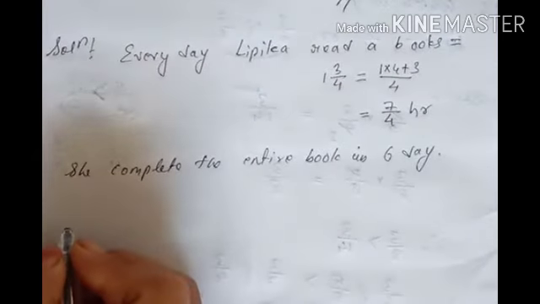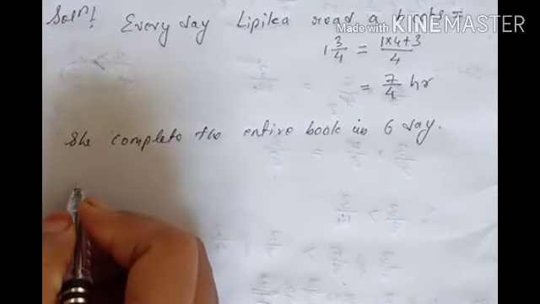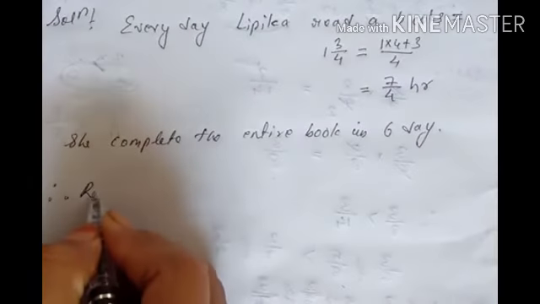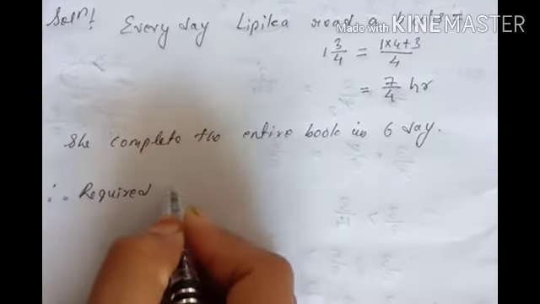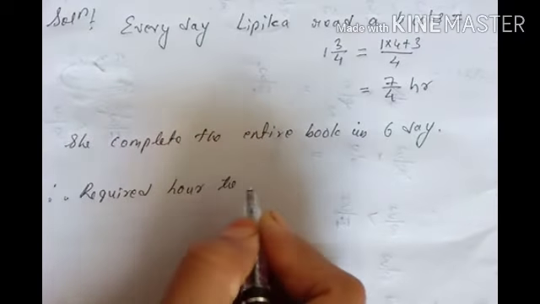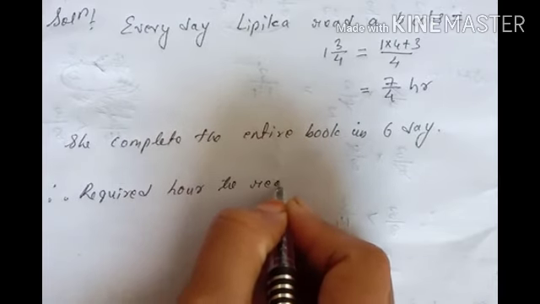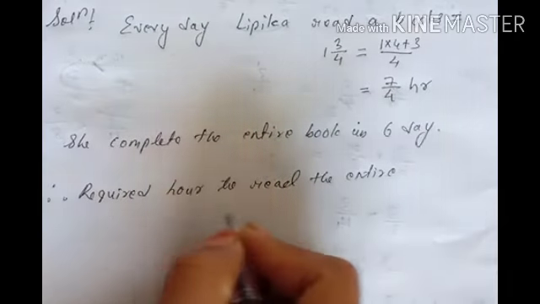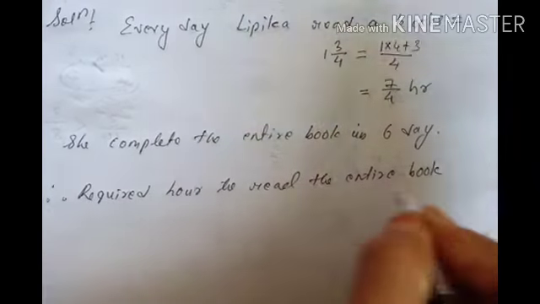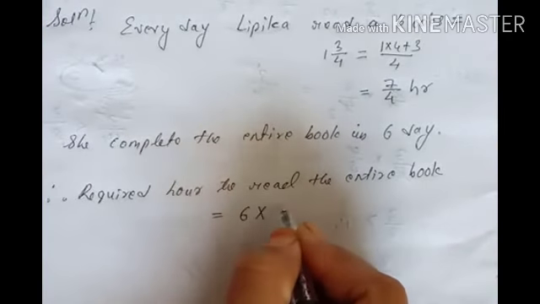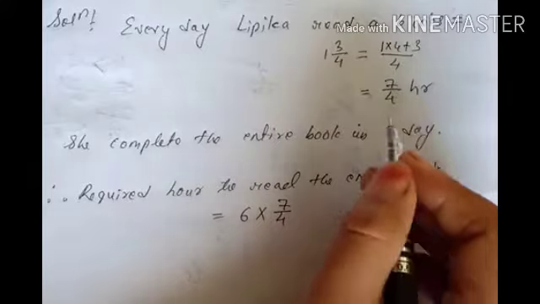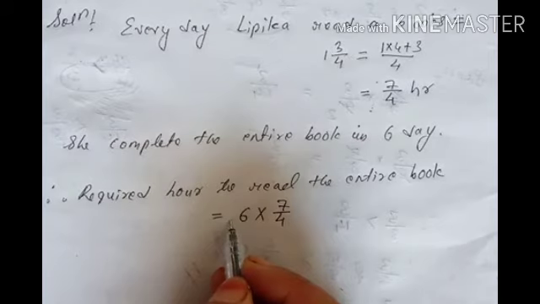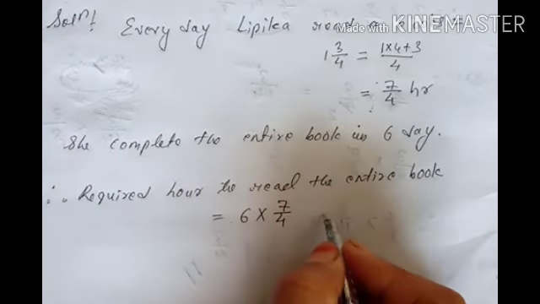So what you have to find is the hours required to read the entire book, equal to 6 days, isn't it? That is why 6 multiplies 7 upon 4, because in one day how many hours is she studying? 7 upon 4. So in 6 days how many will she study? 6 into 7 upon 4 hours.